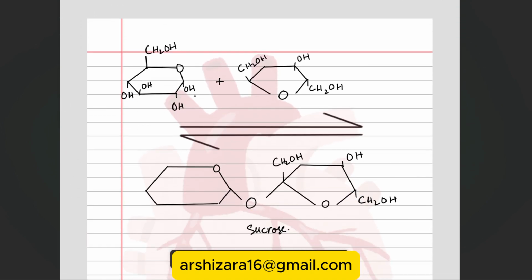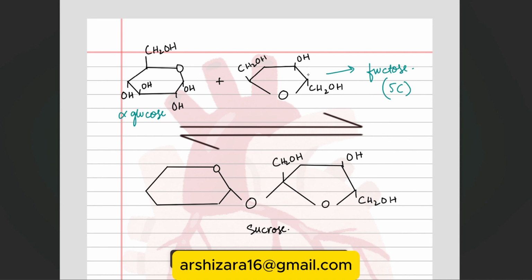Now we have alpha glucose and here we have fructose. This is a fructose molecule. Fructose has a five-carbon ring.